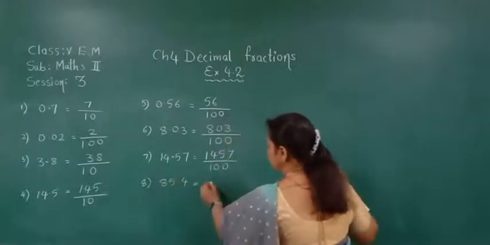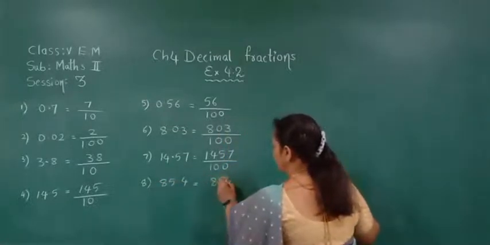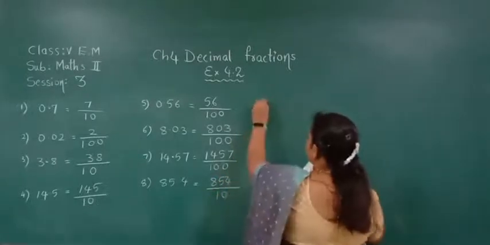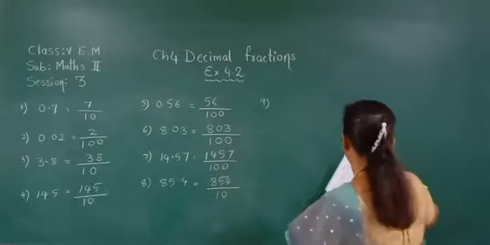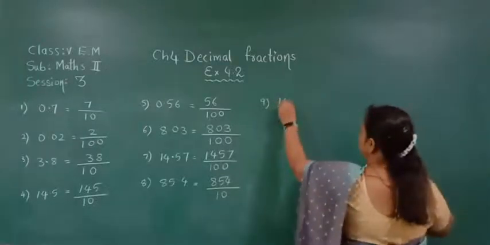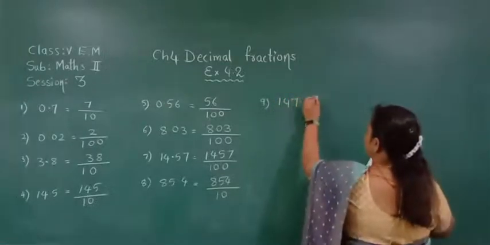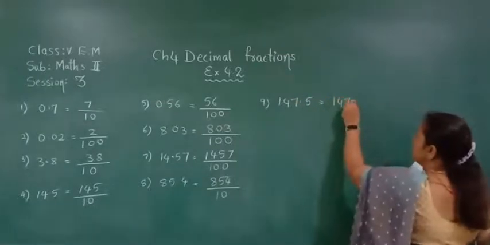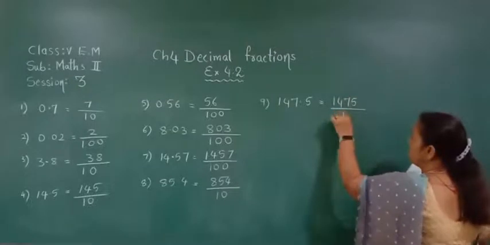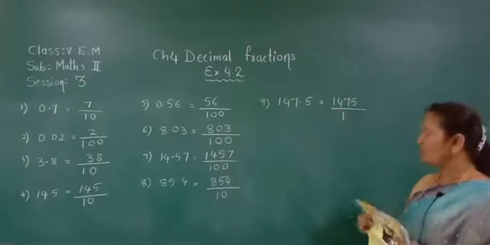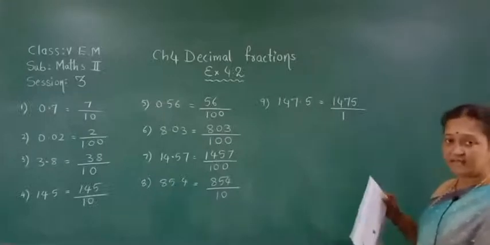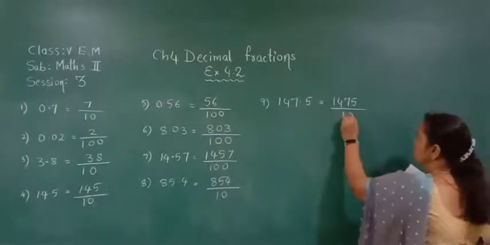So this is 854 divided by 10. Ninth question is 147.5. So here we write 1475 divided by, write 1 here. Then after decimal how many digits we have? After decimal we have 1 digit. So write here 10.